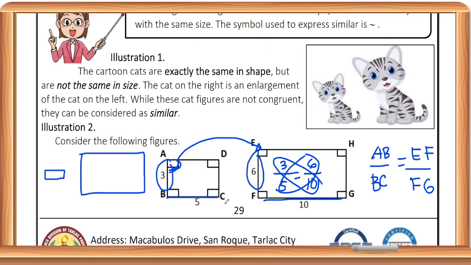So, we have two conditions here in order for the polygons to be similar. The first condition to make sure that the two polygons are similar, you have to have corresponding angles that are congruent. Okay? Corresponding angles. So, that means you have to identify the corresponding angles.